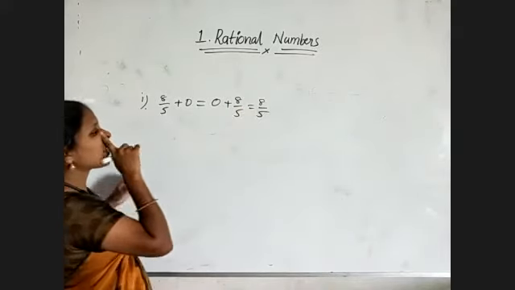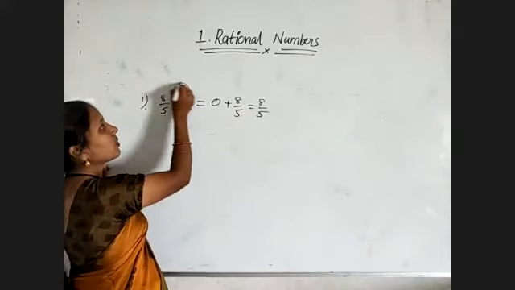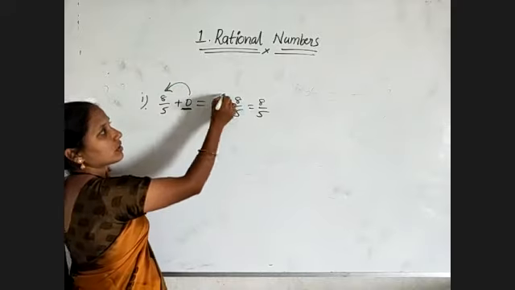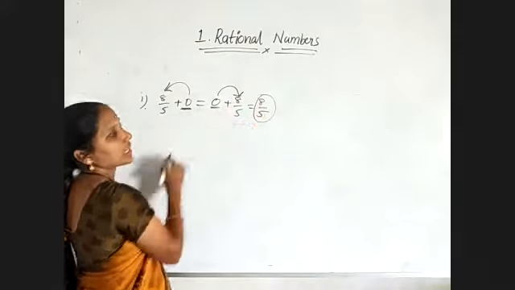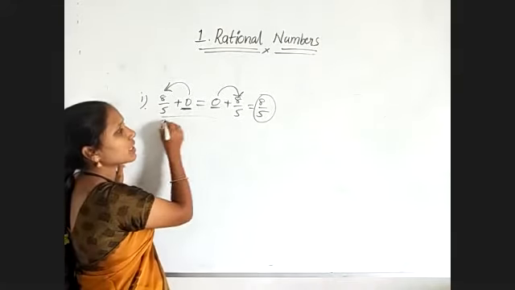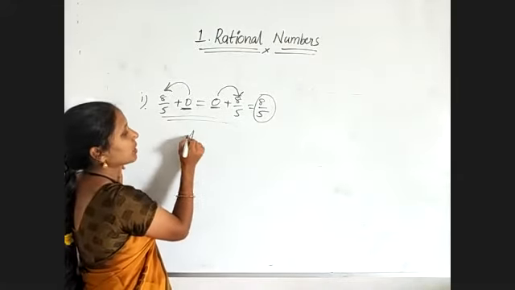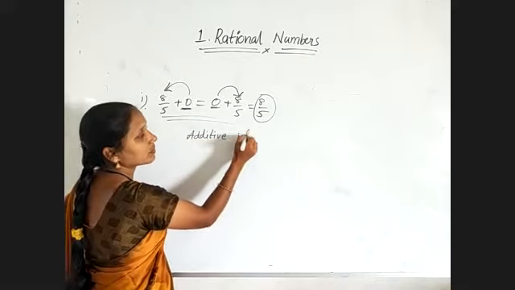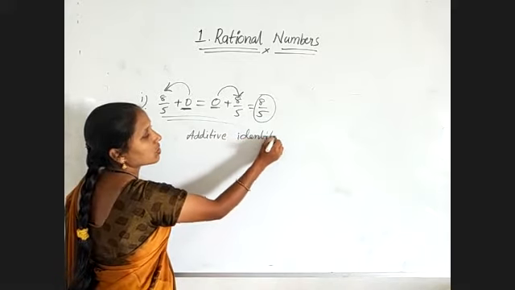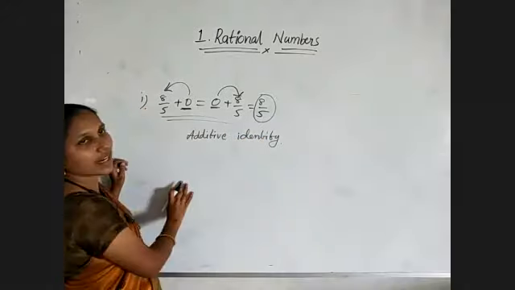Just observe, by adding 0 to any number, we get the same number as the result. So which property is it? That is nothing but additive identity. So in this question, they have shown additive identity.